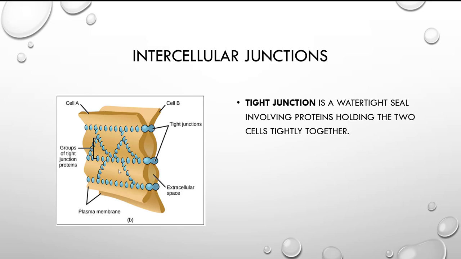This creates a watertight seal that prevents water from passing through, and it holds the two cells together. And again, it's like Velcro, so they can come apart, but their job is to create that watertight seal.